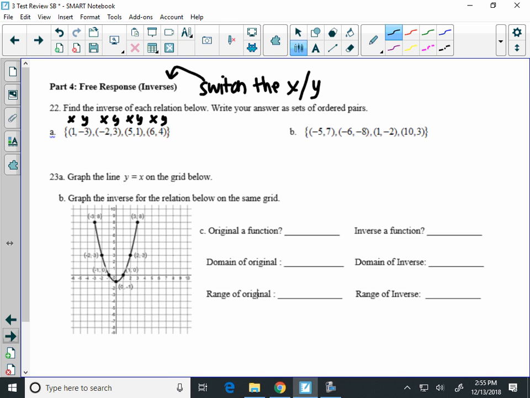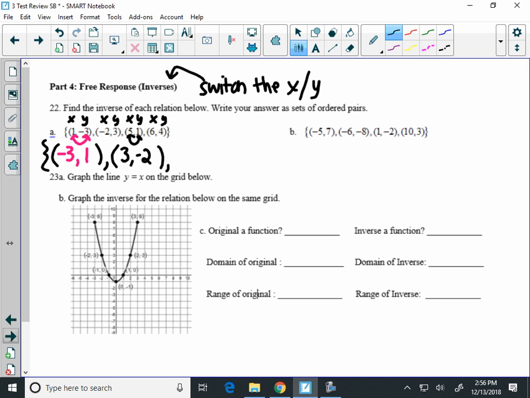So the way you're going to write the new set of ordered pairs for the inverse here is you are just going to flip the x and the y in both ordered pairs. So instead of having 1, negative 3, you're going to write that as negative 3, 1. And you'll do the same thing for the next point. You'll flip the ordered pairs here. 3, negative 2.